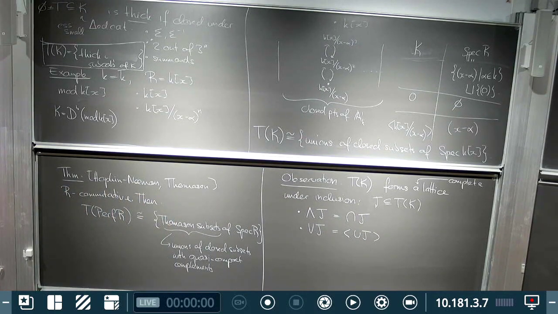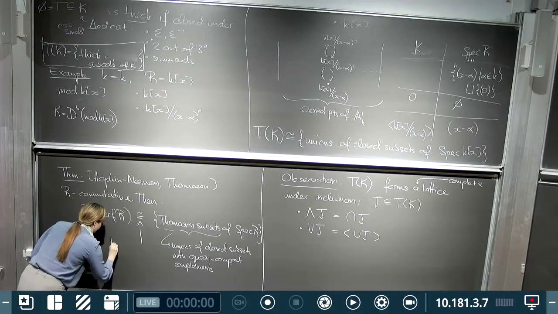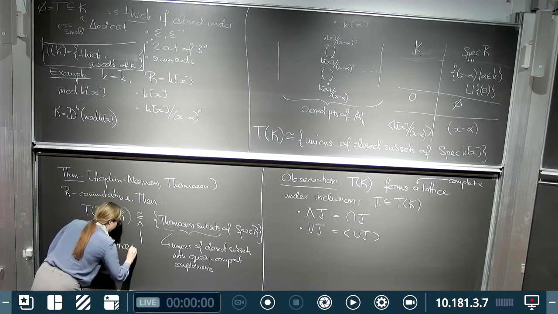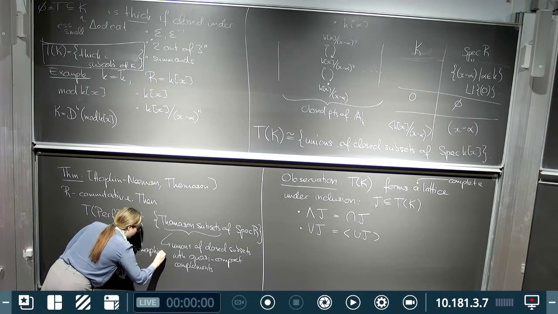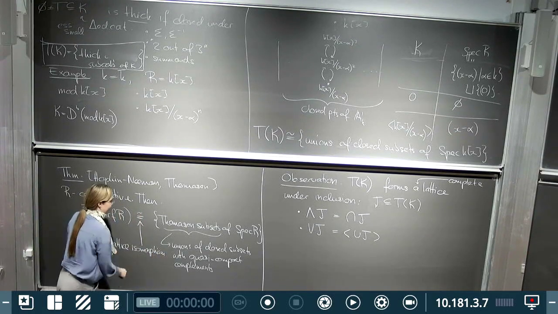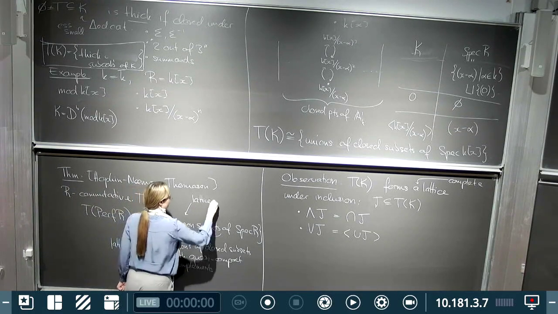Just about any set of thick subcategories of an essentially small triangulated category, and now we can say that this is actually a lattice isomorphism, where we look at this as a lattice under inclusion.